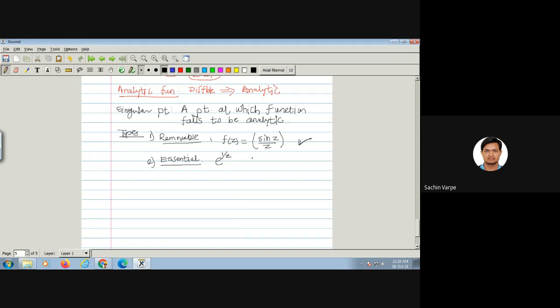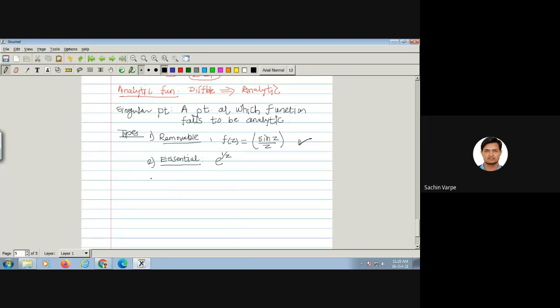At z equal to 0, this function goes to infinity, and e to the power infinity is infinity, isn't it? So z equal to 0 is an essential singularity. Remember, that means in the neighborhood of z equal to 0, there are infinitely many points at which this function is not analytic. Essential means there are infinitely many points in the neighborhood of that point at which the function is not analytic. That is the meaning of essential singularity.